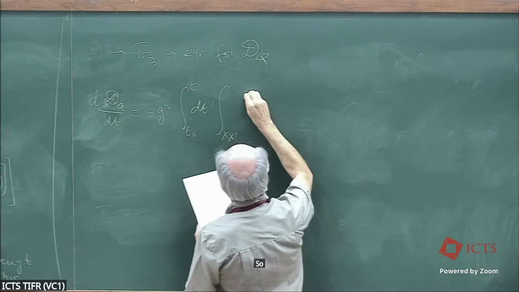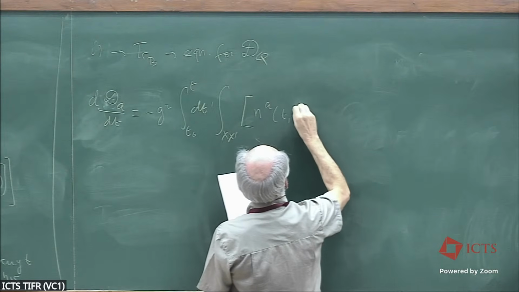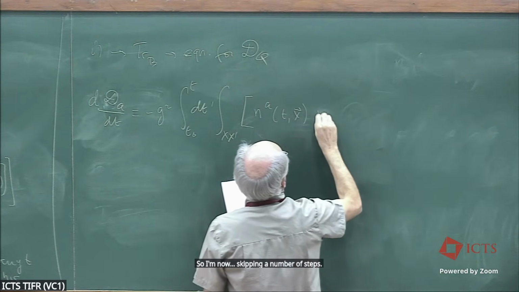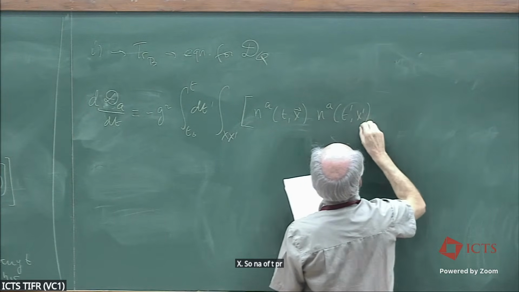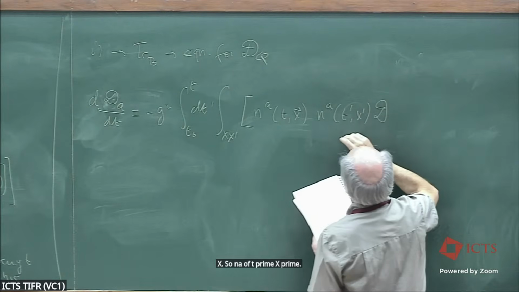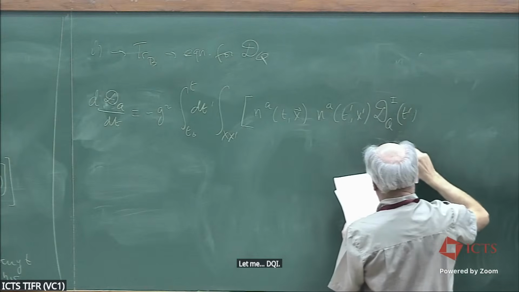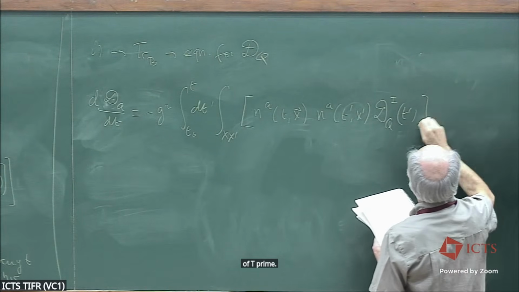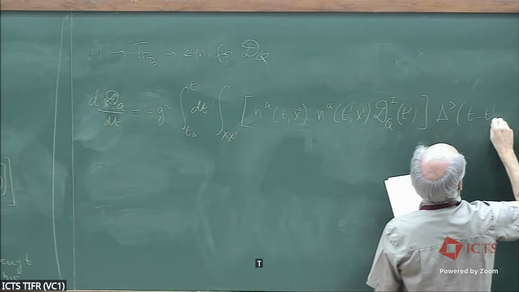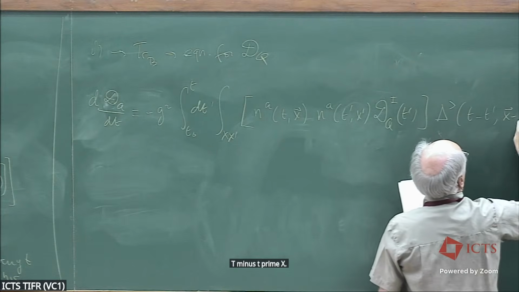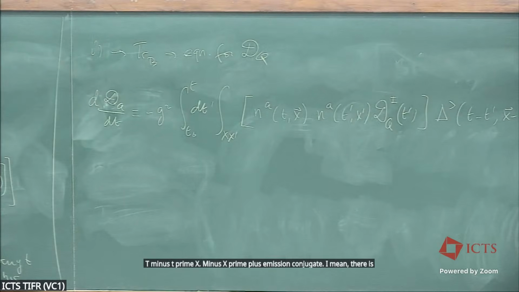So I'm now skipping a number of steps, x, so NA of t prime x prime, let me dqi of t prime times delta(t minus t prime, x minus x prime) plus Hermitian conjugate. I mean, there is some algebra to perform.